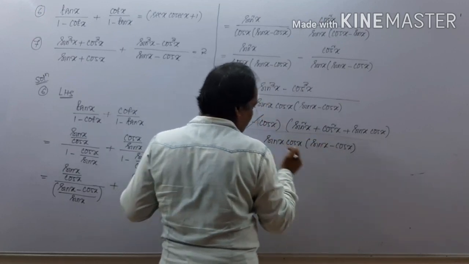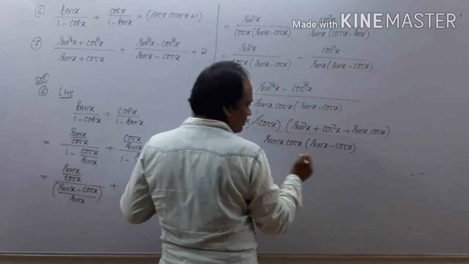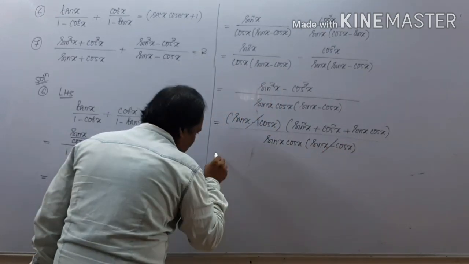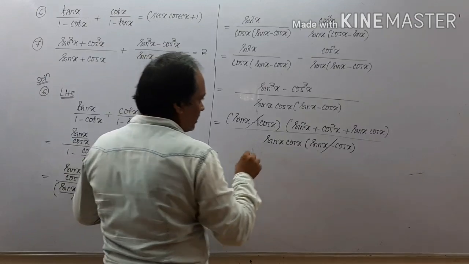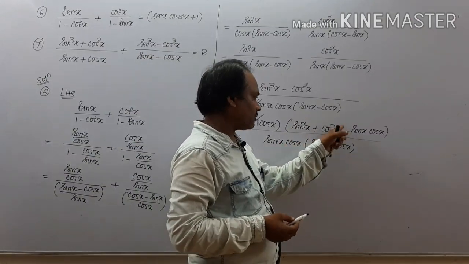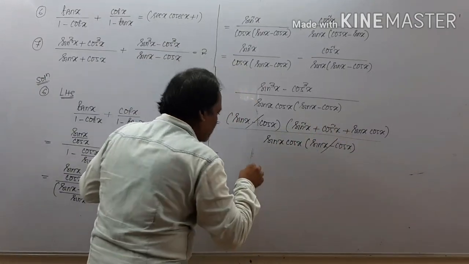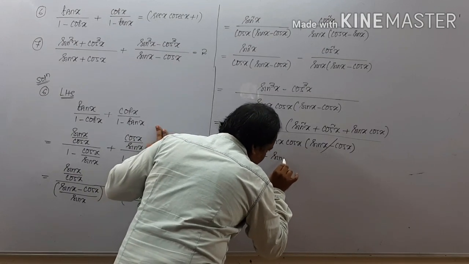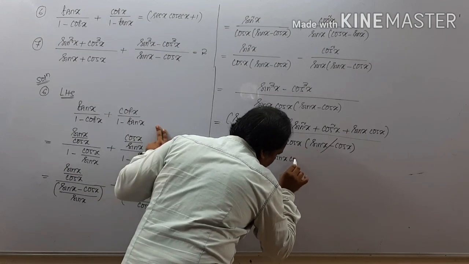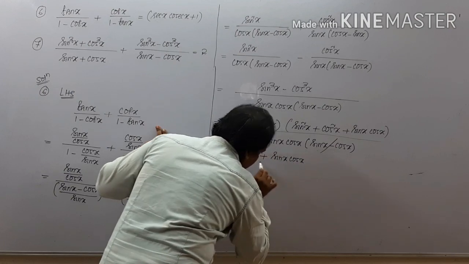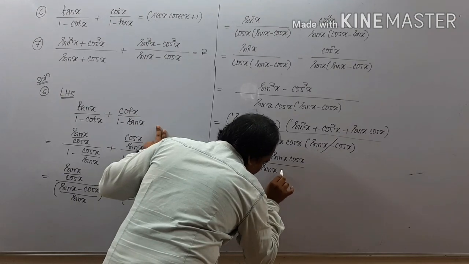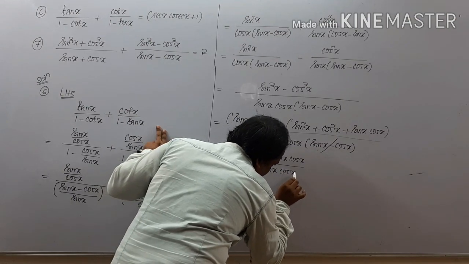So clearly sin x minus cos x, sin x minus cos x will cancel out. So what is remaining in the numerator? In the numerator we will get sin square x plus cos square x. I will directly put it as 1 plus sin x into cos x divided by, clearly this is sin x into cos x, right?